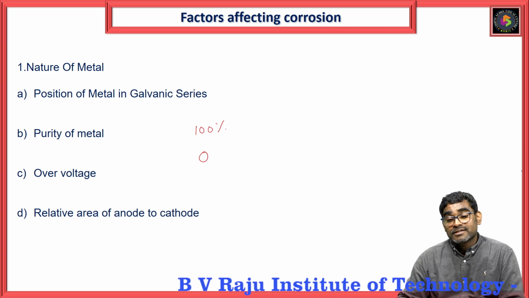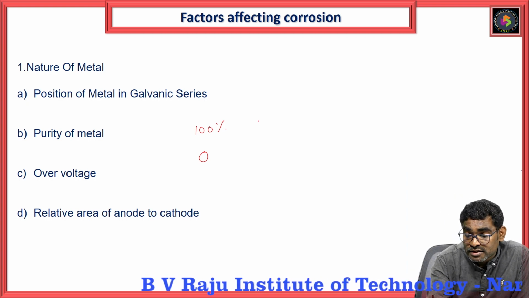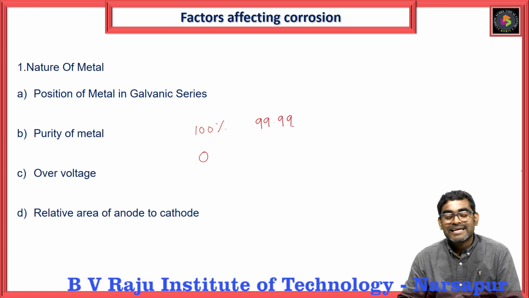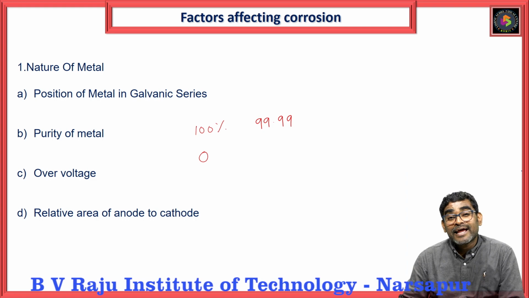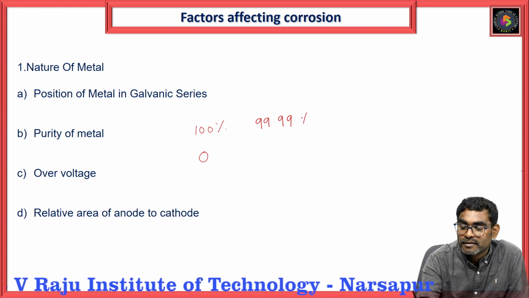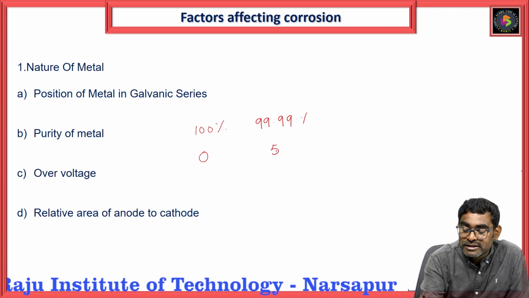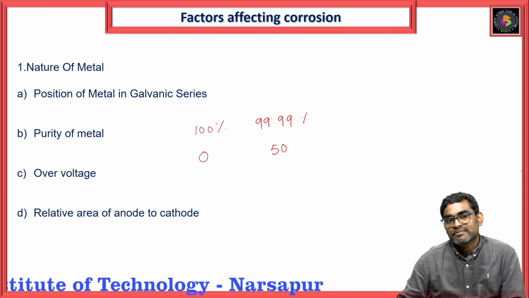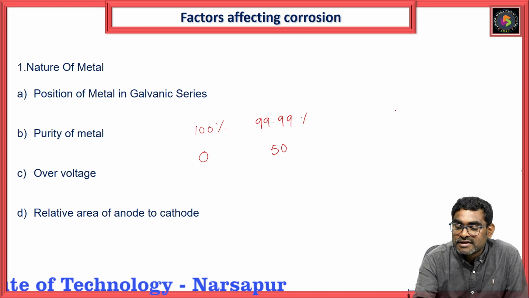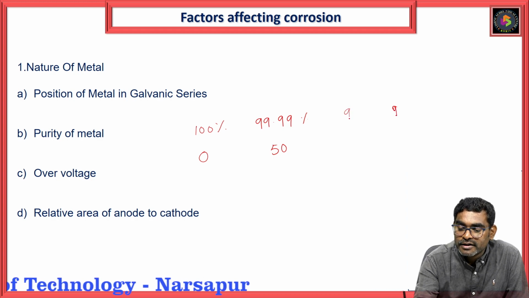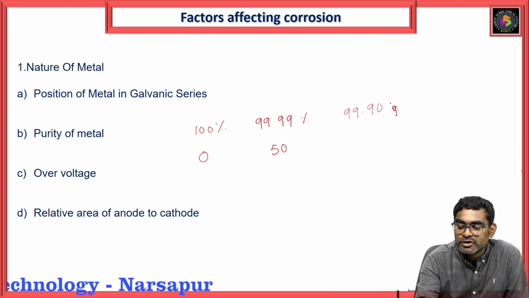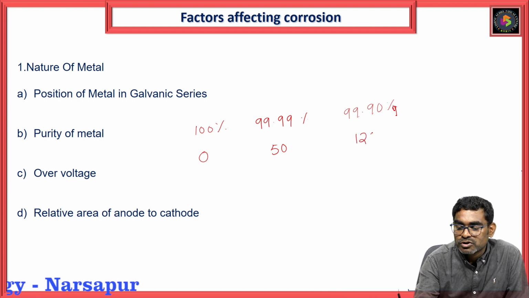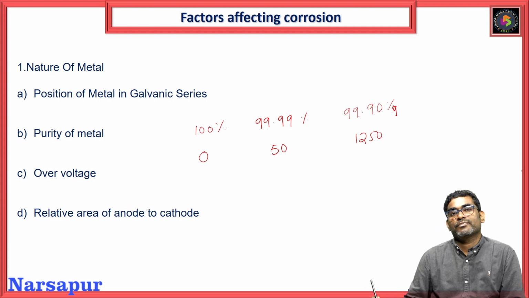But if the impurity is increased by 0.01%, meaning the metal is 99.99% pure, then the extent of corrosion increases by 50 times. Or if it is 99.90% pure, then it increases by 1250 times.